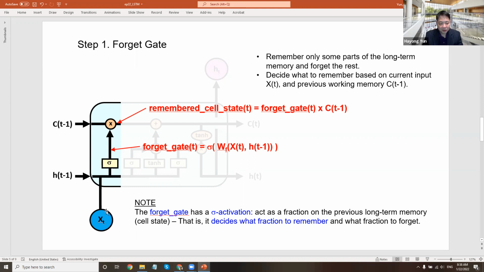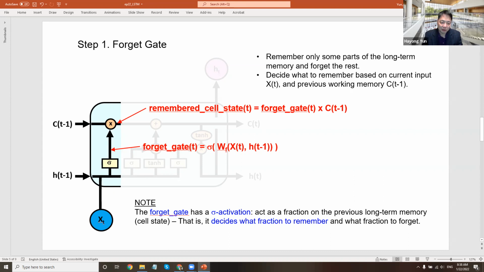It takes the H and X, the past output and the current input, and in a neural network weighting, let's call this neural network transformation WF, the weights on H and X plus a bias, and it goes through this sigmoid activation function. So if the aggregated H and X, the weighted average, comes out to be a very small number, then the sigma will shrink it down to 0.